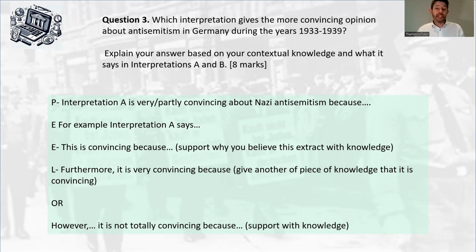Then this is convincing because, get lots of knowledge. What did the Nazis do? What laws did they have? What were some of Hitler's beliefs about anti-Semitism that were shared? What about the propaganda? Some of those things you could include in there that made anti-Semitism worse, and people were maybe receptive to it. If you think it's very convincing, give a furthermore. If you think it's partly convincing, give a however. Okay, so give it a go. Write your paragraph, and I'll show you an example in a minute.